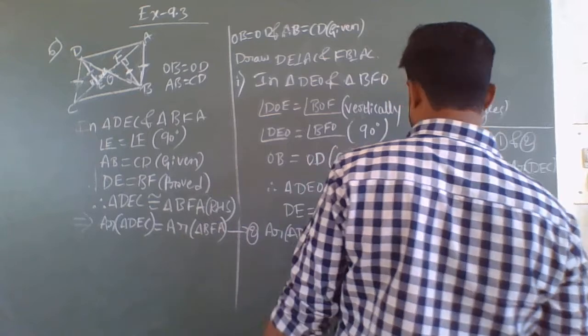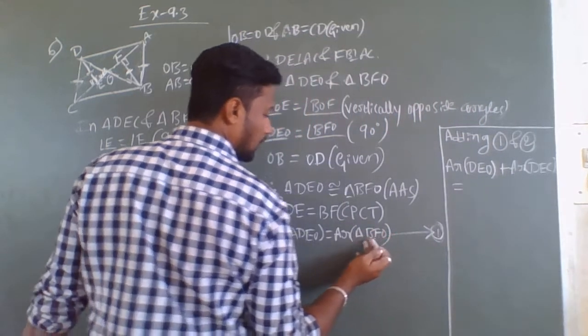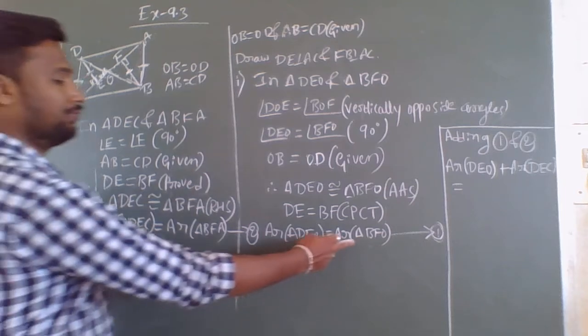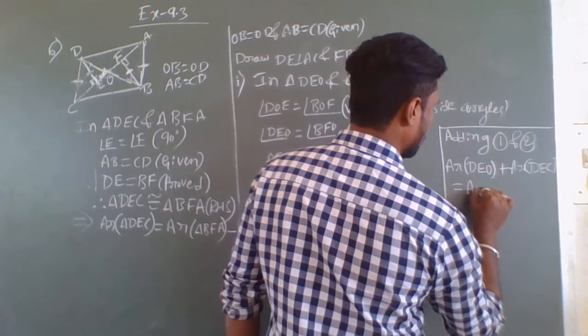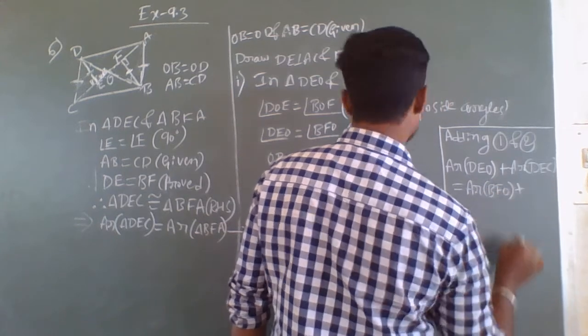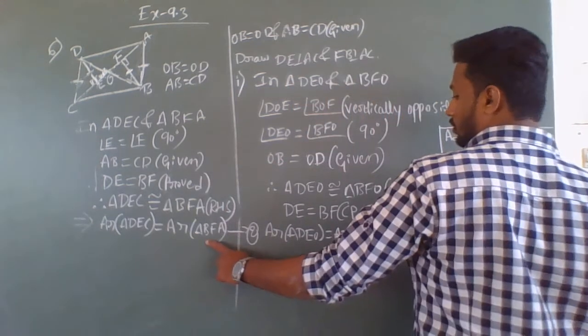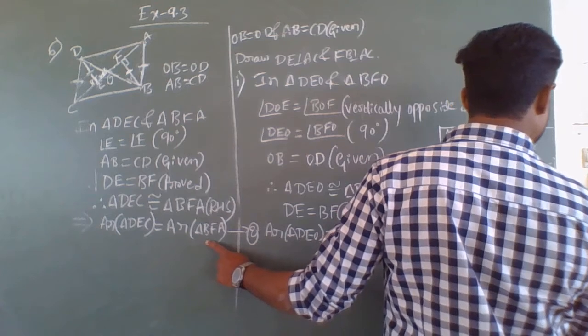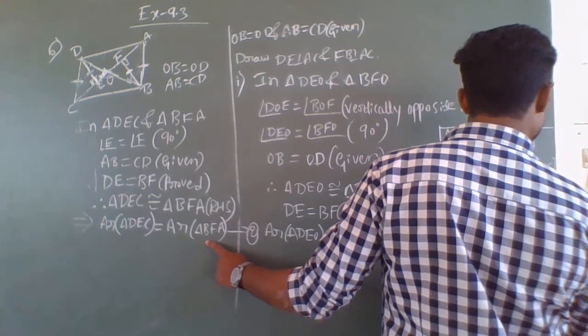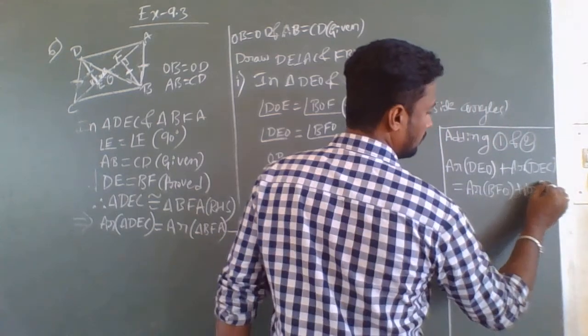Equals to, now we will consider the right hand part, area of BFO plus, from equation 2, area of BFA.